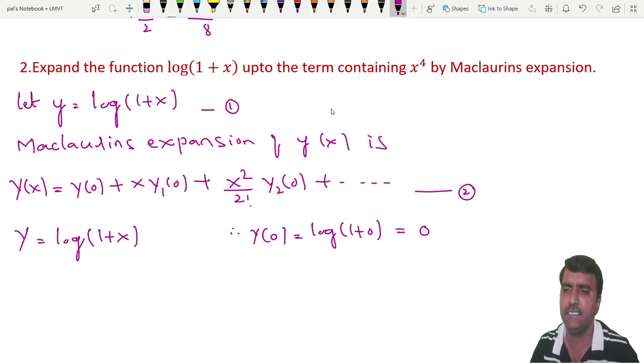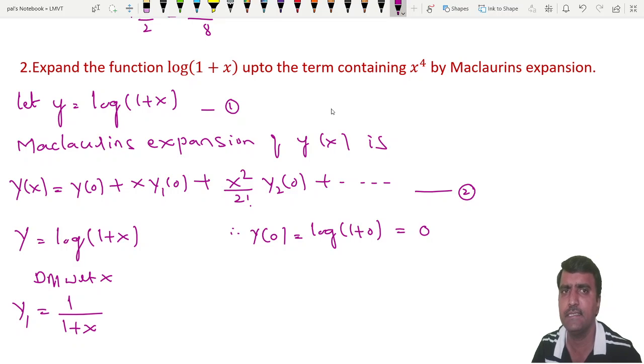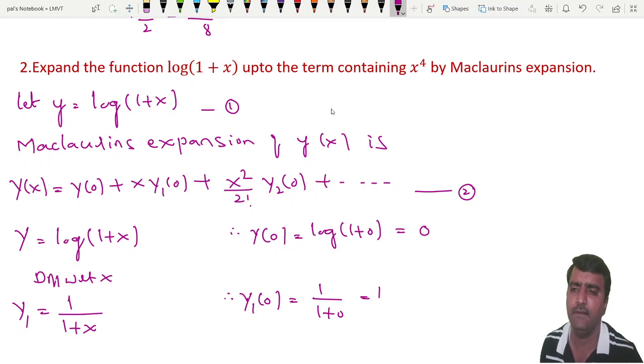So now we differentiate this with respect to x. Differentiation of y is y1. y1 is equal to 1 by 1 plus x. Differentiation of log of 1 plus x is 1 by 1 plus x. So therefore y1 of 0 is equal to 1 by 1 plus 0, which is 1.